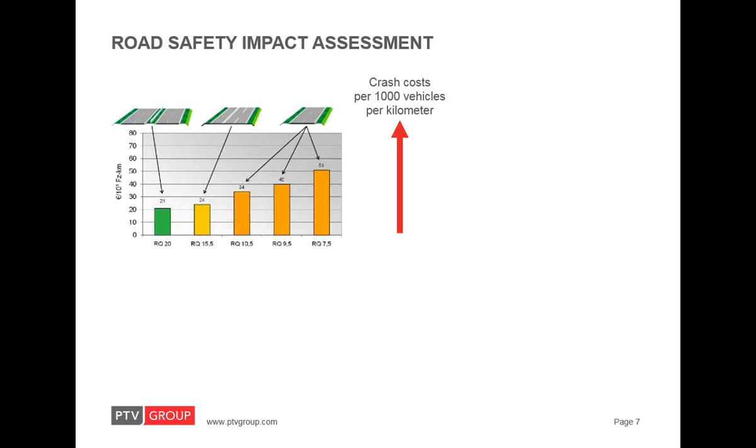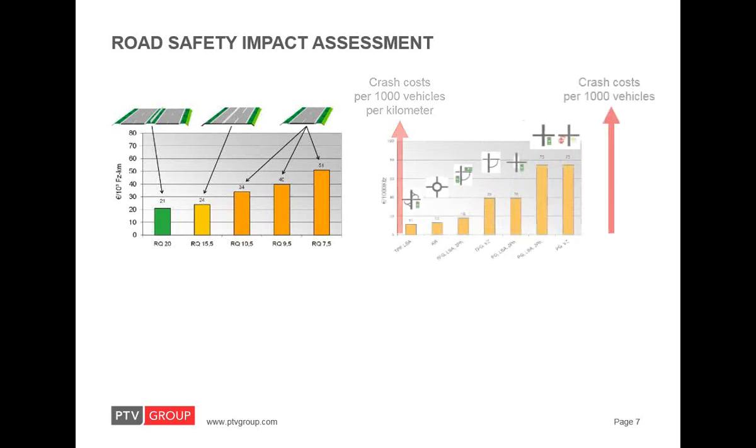In other cases, the crash costs will be more, always per 1,000 vehicles per kilometer of road. And you will also look at the intersections, and different layouts of intersections will give you crash costs again per 1,000 vehicles at this intersection. If you have roundabouts, they will be much more secure than, for example, just a 4-legged priority intersection.